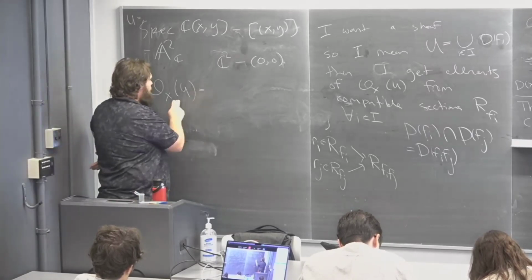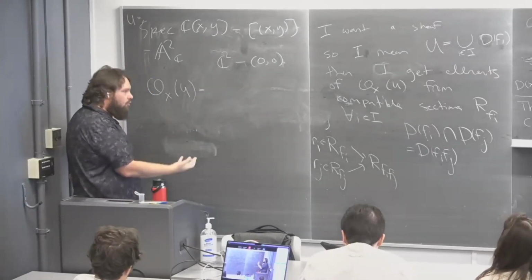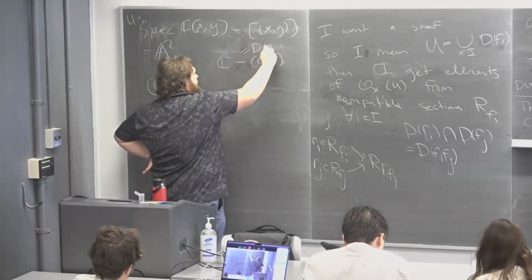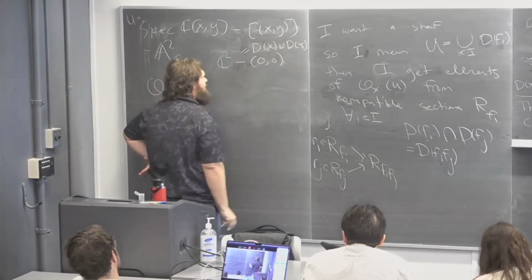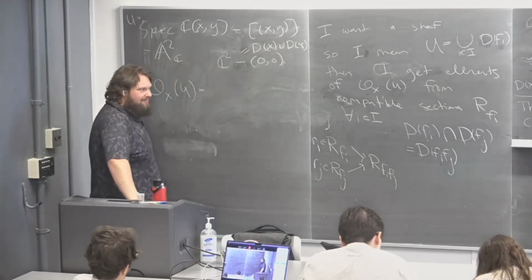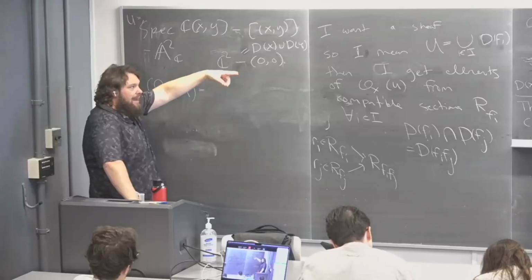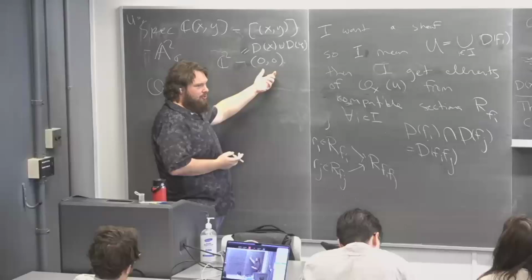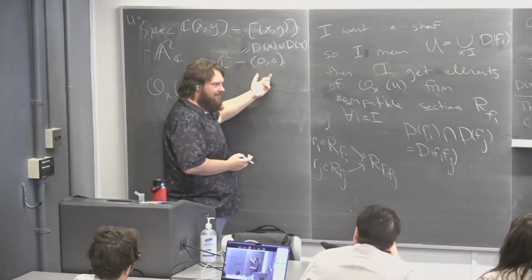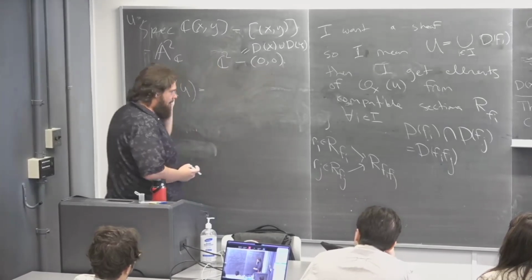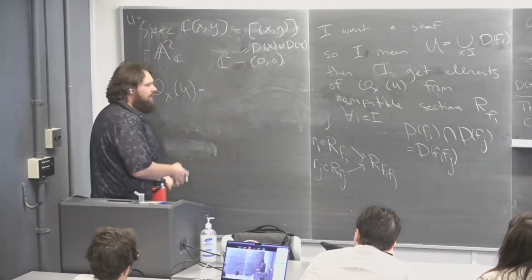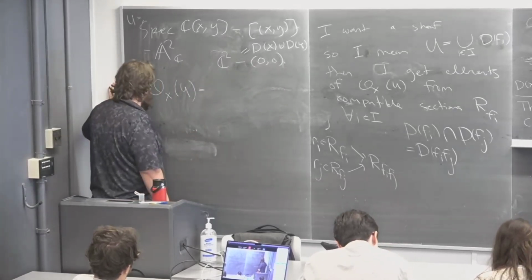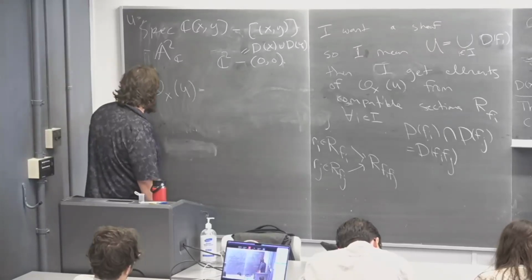I should write U as the union of two distinguished open sets, D(x) union D(y). But now, because I have the whole plane, I'm not getting something I can write by inverting one function. There's no polynomial function that only vanishes at the origin. In complex analysis, that's called Hartogs' theorem: in higher dimensional complex space, you can never have an isolated zero of a polynomial, or more generally, a holomorphic function.